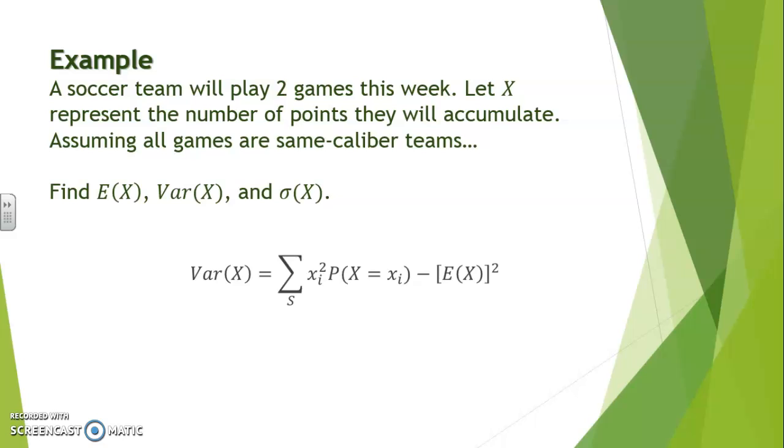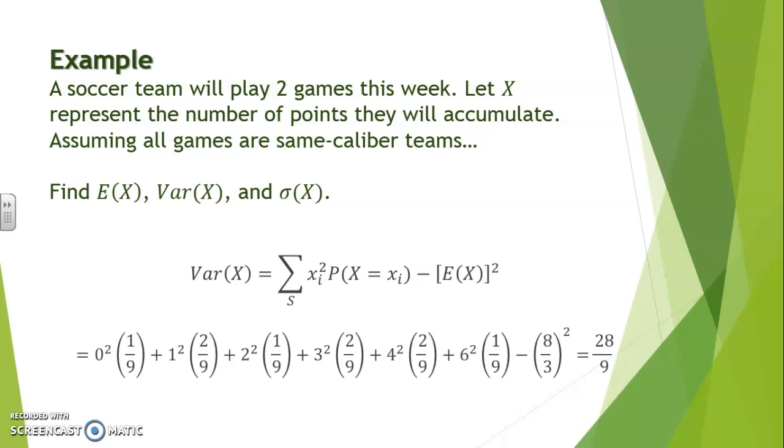As for the variance, I'm going to use the second formula for variance that I suggested earlier, where we multiply all the squared values of the support elements by their probabilities, and we subtract E of x squared at the end. Notice how we have 0, 1, 2, 3, 4, and 6, the values of x in the support, which have been squared and multiplied by their respective probabilities.